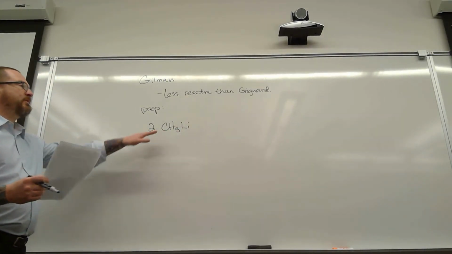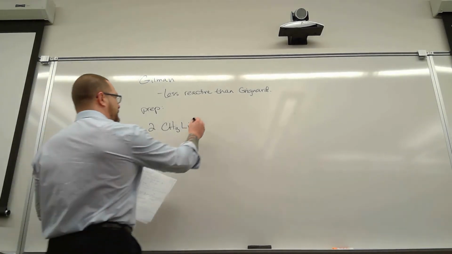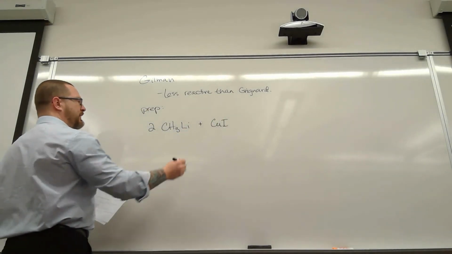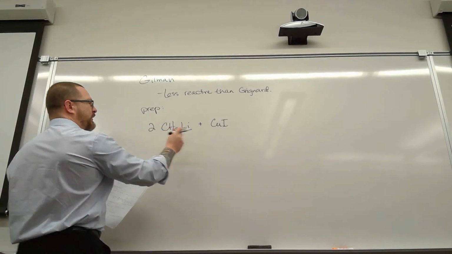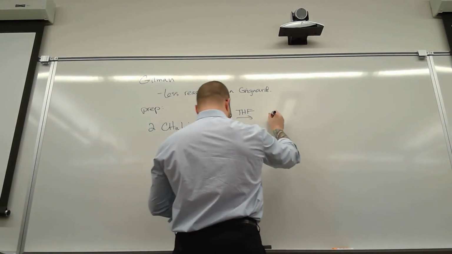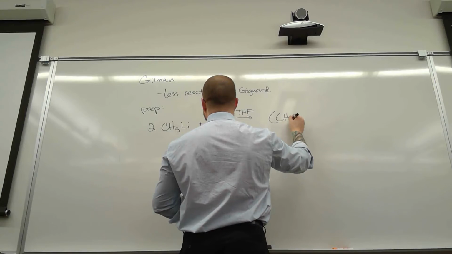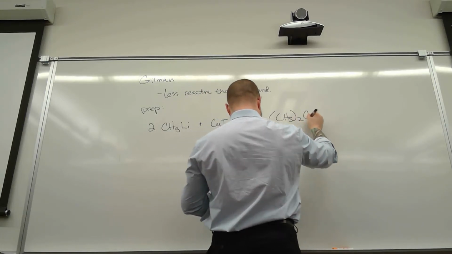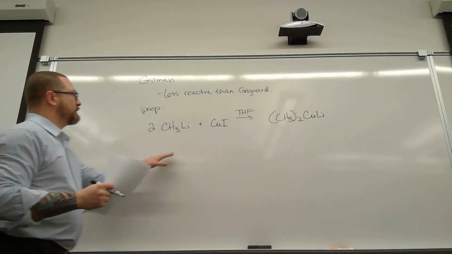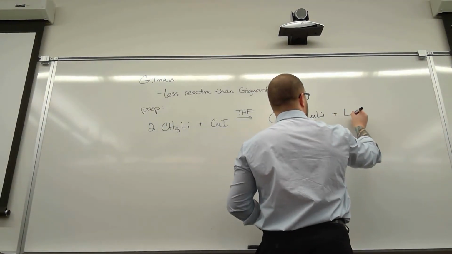The reason we need 2 equivalents of the organolithium is because when you put it together with your copper iodide, we're going to get a complex in THF plus lithium iodide.